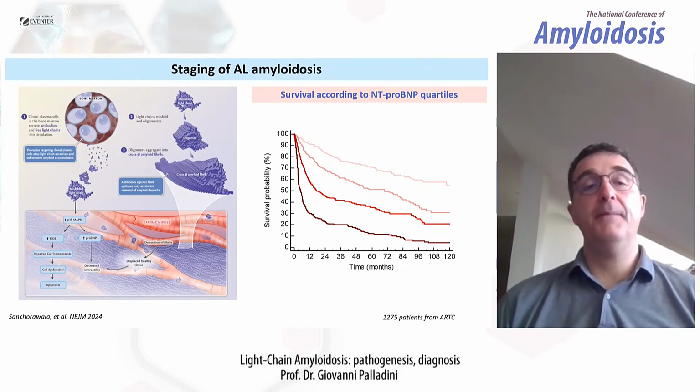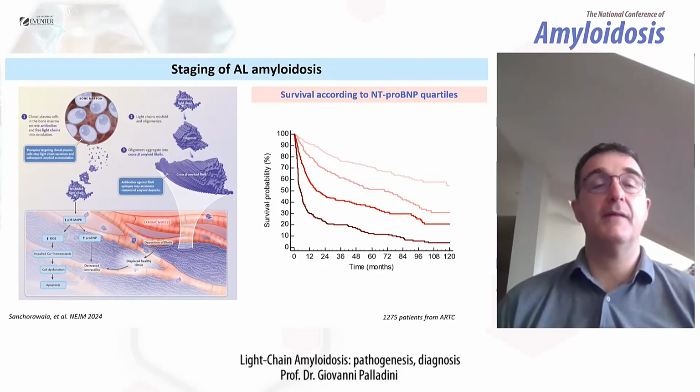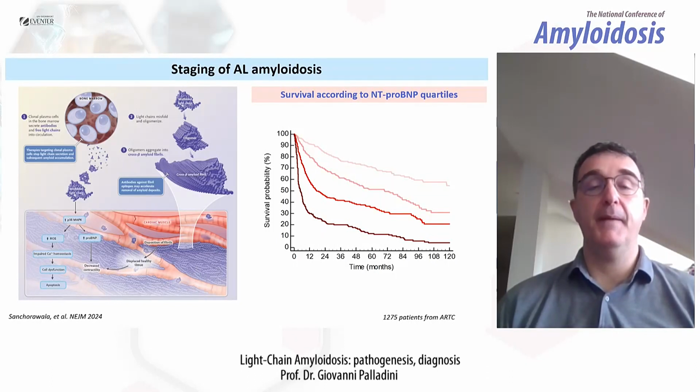And this toxicity is exerted on the cardiomyocytes by activation of the p38 MAP kinase pathway that then causes oxidative stress, as you can see in this very nice slide by Professor Sancho Ravala. But the p38 MAP kinase pathway also promotes the synthesis of NT-proBNP.